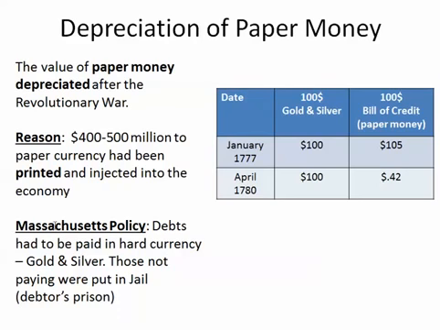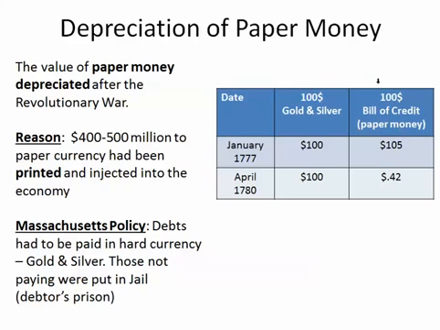And Massachusetts is also going to have policies that are very indifferent to farmers in the western part of Massachusetts. They're going to demand that farmers pay debts in hard currency, gold and silver in other words, and that's what did not depreciate in value. The paper currency, the bills of credit, depreciated in value.